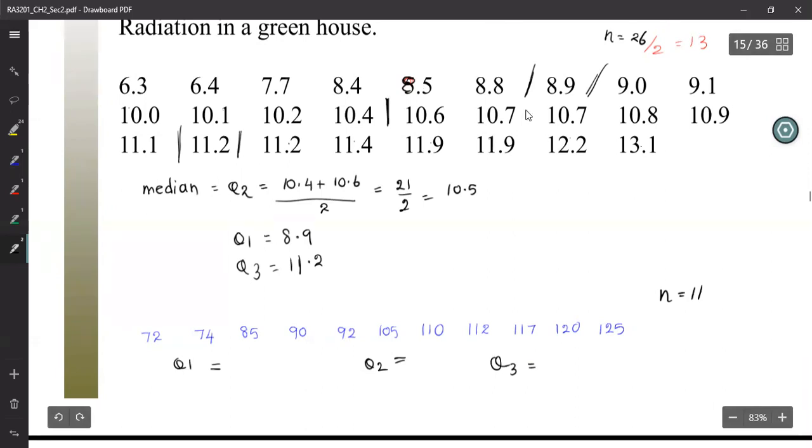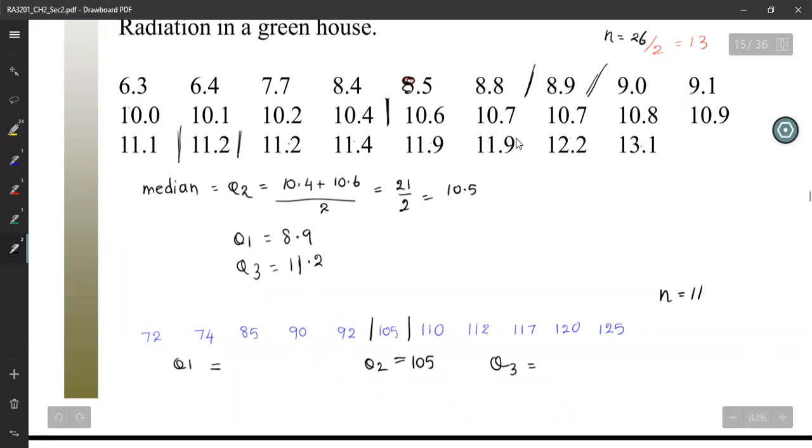Yes, what is the median? Median is 105. Thank you. So you have 1, 2, 3, 4, 5 to the left, 1, 2, 3, 4, 5 to the right. So exact midpoint. 105 is the median or the second quartile.